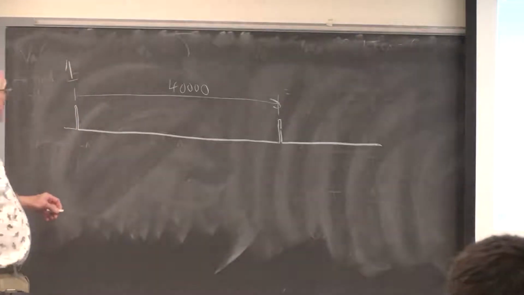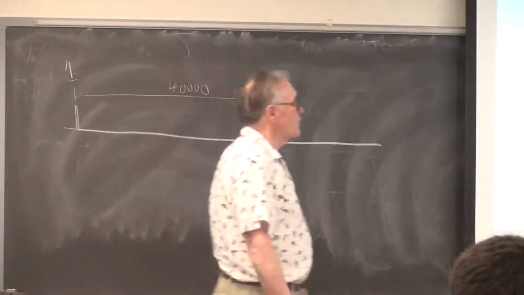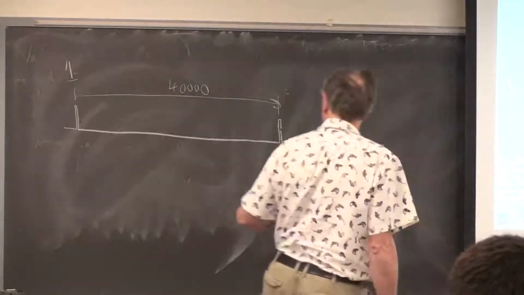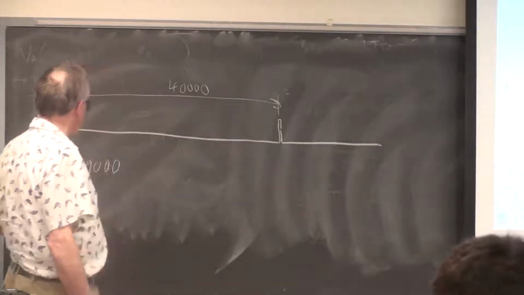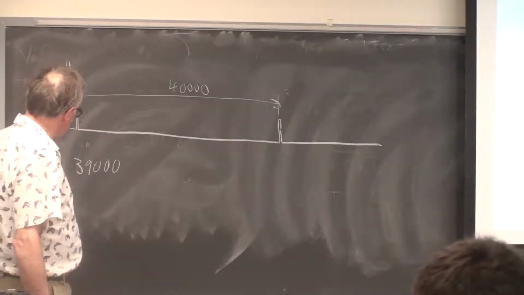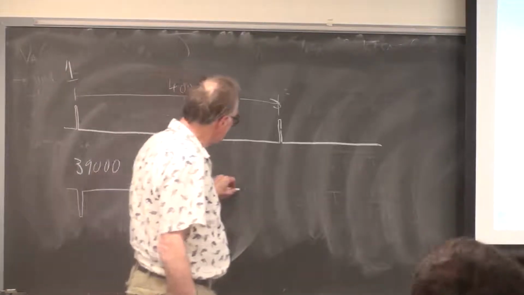On the other hand, if you set the PWM on time to 39,000, say, then you're going to see something that looks like this.